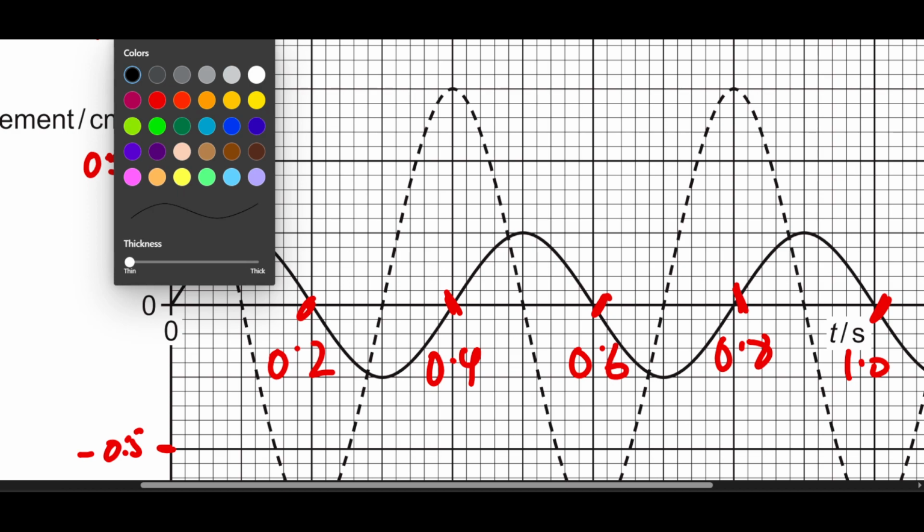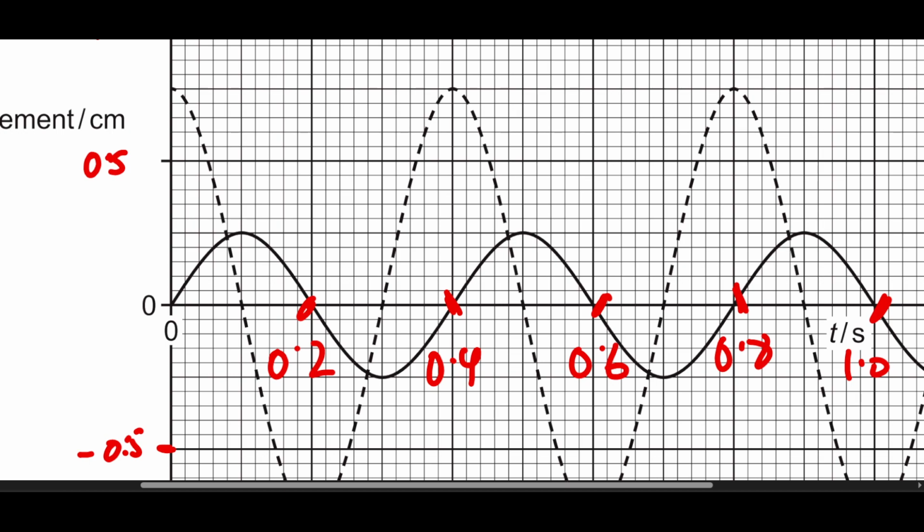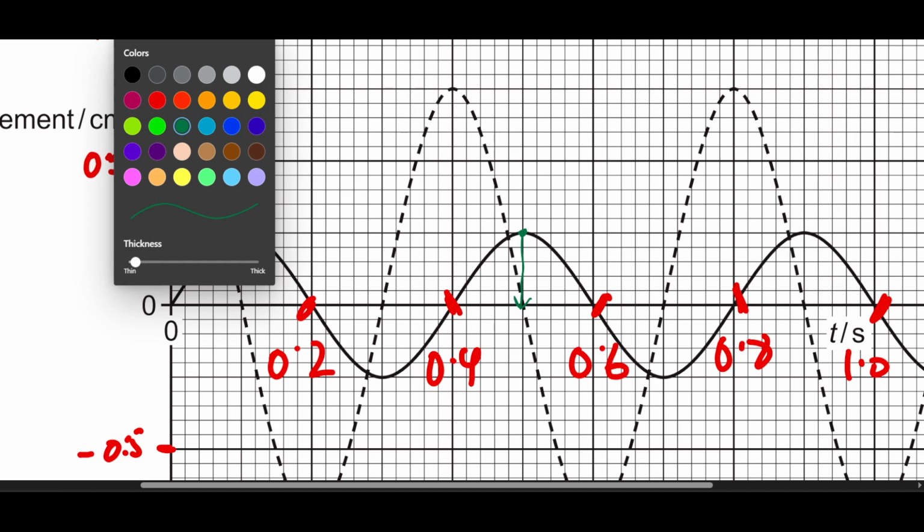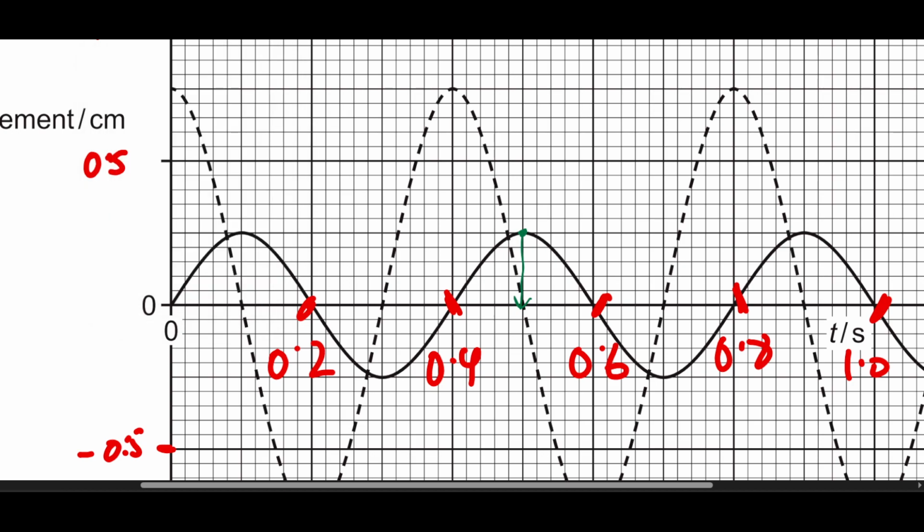So you could have selected, for example, the peak of this graph located at this point. Let me increase the thickness of the marker. You could have picked this value from the graph, and this value from the graph. The difference between the times would be what is required for the phase difference.